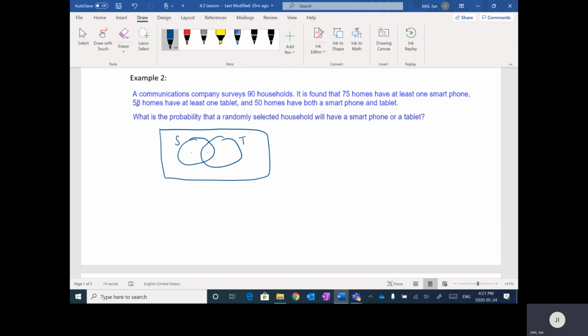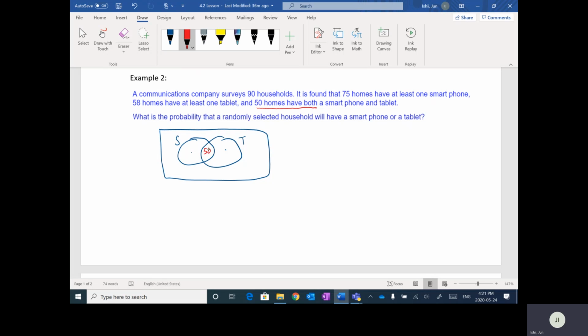Likewise, 58 homes have at least one tablet, so these two sections here should add up to 58. And 50 have both. All right, so the key to these questions is to actually start where it says both. Because if I know 50 homes have both, that means the overlap is 50. So right away I can put the number 50 in there.